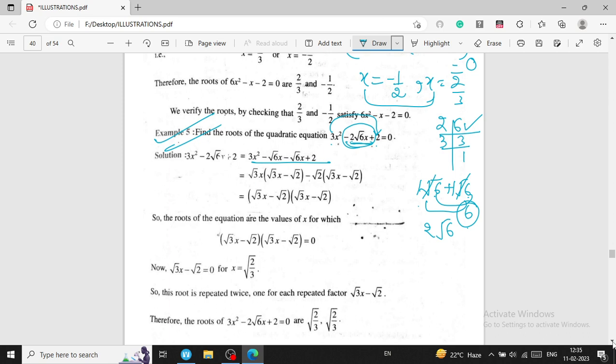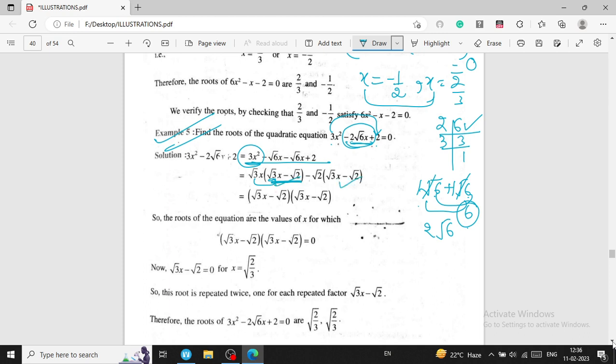and take root 3x as common, and here you can write root 3, because when we multiply both, we get again this value 3x square. Root 3 is taken common here, and root 2 will remain here, minus root 2, and for making the same expression, we take root 3x minus root 2 in the bracket.